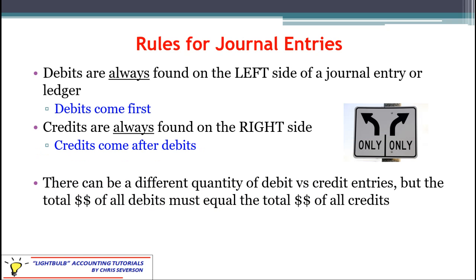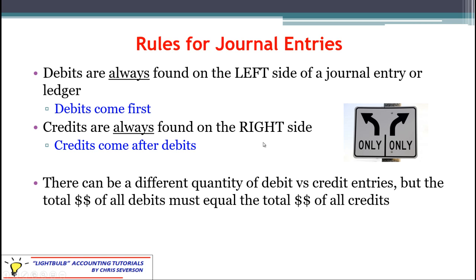So for the next couple of videos, I'm still going to remind you of some of the rules for journal entries, and then again, we'll drop that off after a few videos. This is just to repeat it, just to make sure you're solid with those rules, that you have a clear understanding of them before we go too much further. So debits are always going to be on the left side of the journal entry, and they're always going to come first.